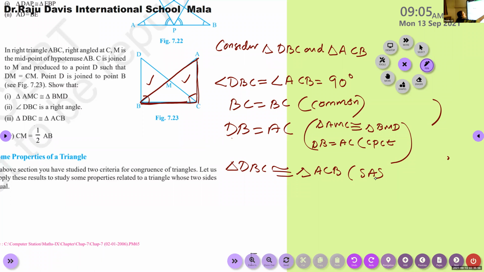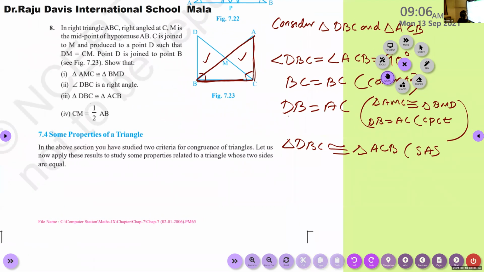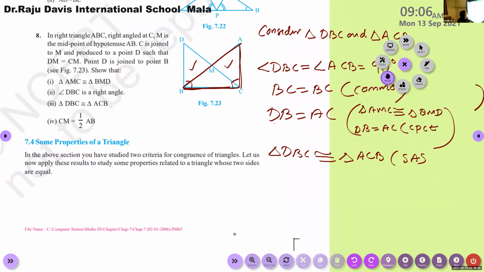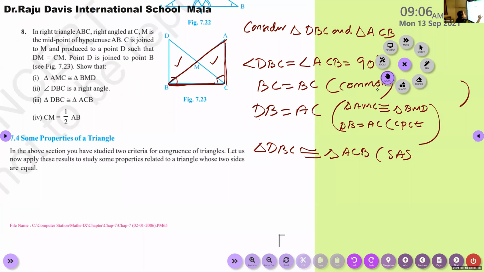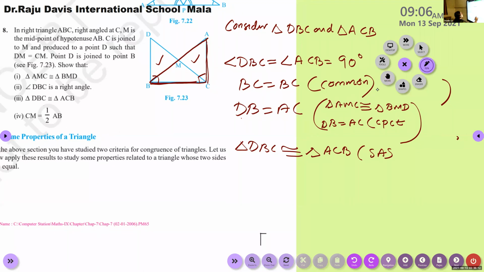Okay. Now, last question. We need to prove CM equal to half AB. We have already proved DBC is congruent to ACB, so we can write DC equal to AB by CPCT.